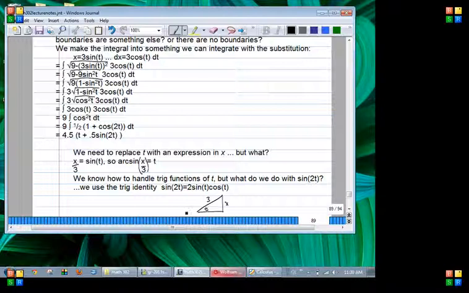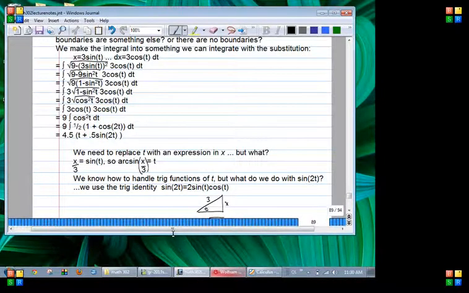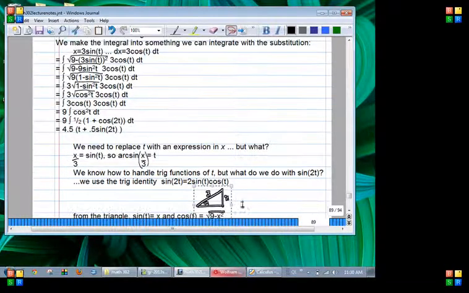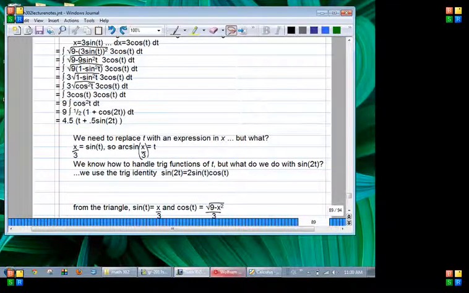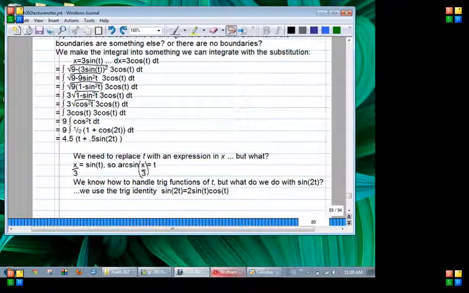And now we can solve for the third side. Let me just draw this over here. X over 3, and this one is the square root of 9 minus x squared. Okay? And so now we can say what cosine t is as well.